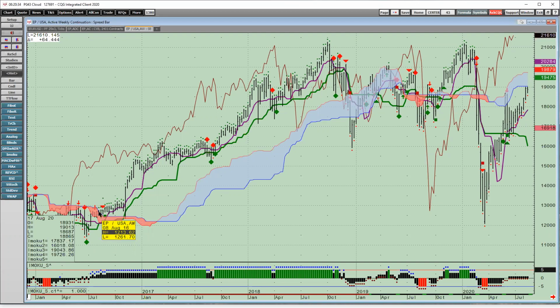But on the other part, with a narrow cloud, it gives you a good stop area. If you were to get in here and you know that the bottom of the cloud or the top of the cloud is your stop, then that becomes a really good area to have a low risk trade. Once it breaks out, the ultimate thing would be to trail with the red line and then the blue, the bottom of the cloud.